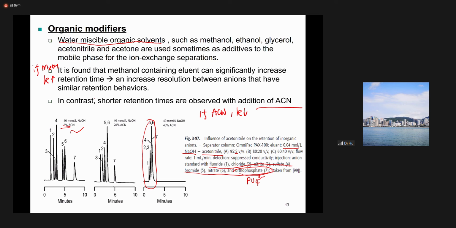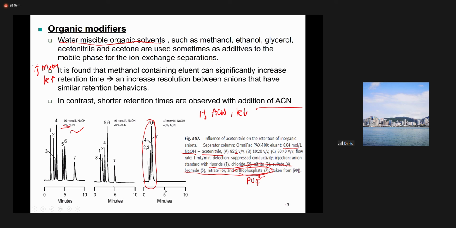My understanding is probably because of the acetonitrile. It makes the polymer, because the stationary phase now is a hydrophobic polymer, right? So it makes the surface more hydrophobic than the diffusion of ions to the stationary phase, so retention decreases and ions are not really easily retained.